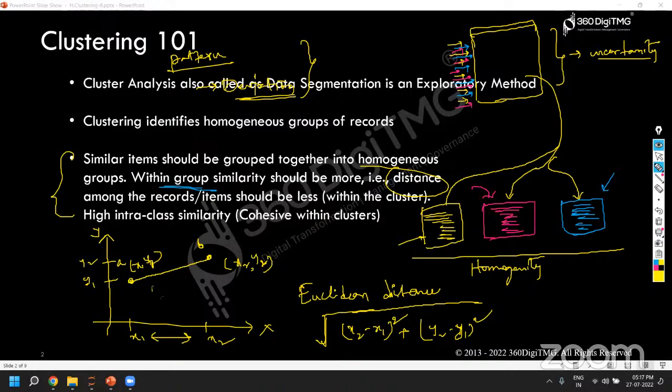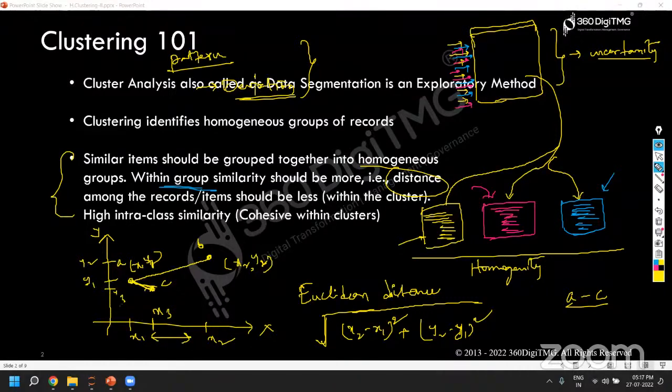So if I bring in another data point called C, A, B, C, three data points, we can clearly say that A and C are more similar. Because if I draw x3 here and y3 here, we can clearly see that x1 is close to x3 rather than x2. So the difference between them is less.